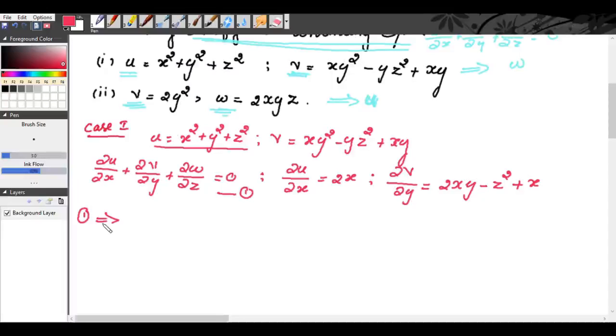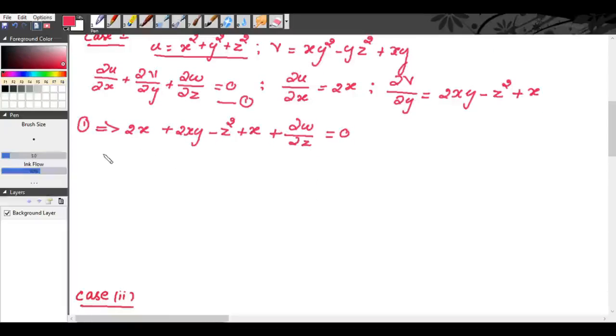So equation number 1 implies dou u by dou x, that is 2x, plus dou v by dou y, that is 2xy minus z square plus x, plus dou w by dou z is equal to 0. Now from this we will try to find w. That is what we need to find.